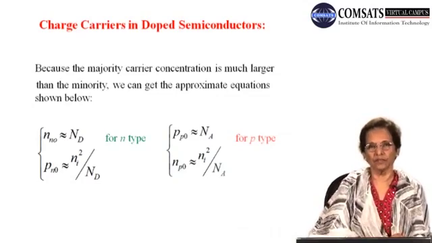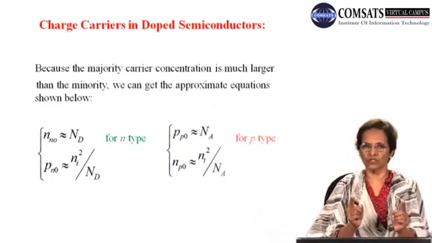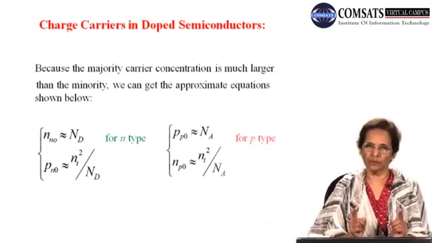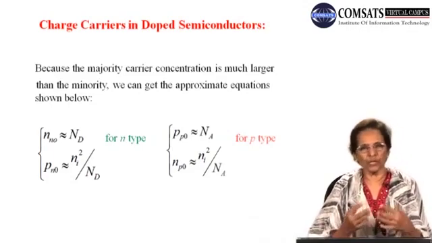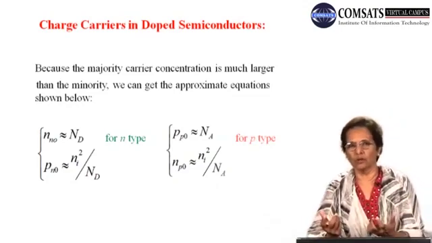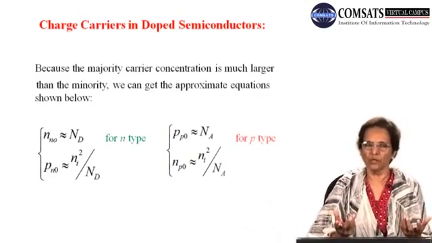So I have written the hole concentration as the minority hole concentration, I'm using the term minority now. In the intrinsic semiconductor material, both electrons and holes were equal in number. So when they were equal, logically you can't call one the majority and the other the minority, because they are both equal.